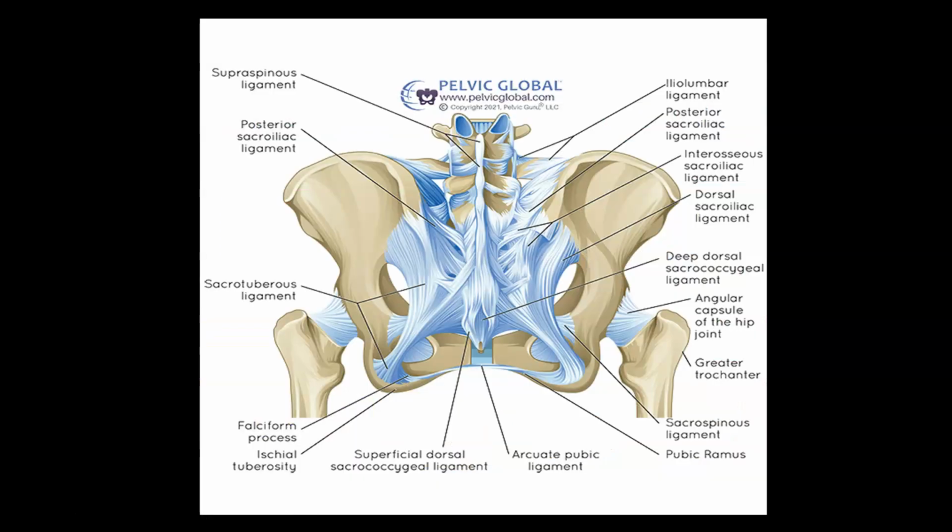This is to show you that the posterior sacroiliac ligament is a very important ligament extending from the sacrum to the iliac bone and having short and long components. So this is the posterior sacroiliac ligament.